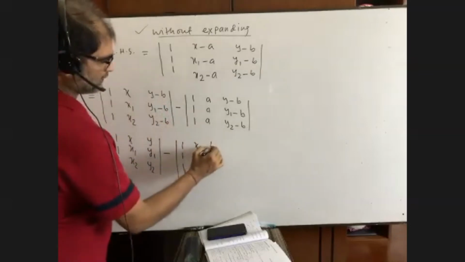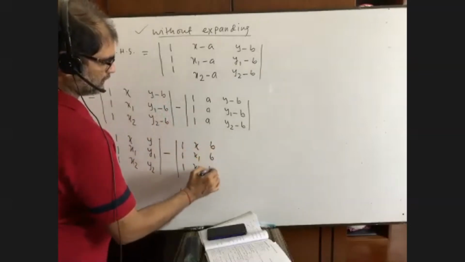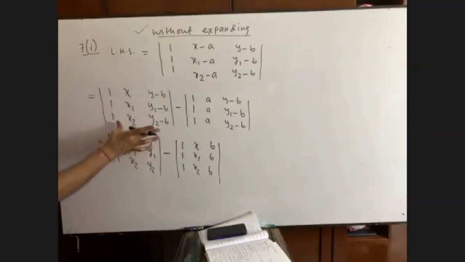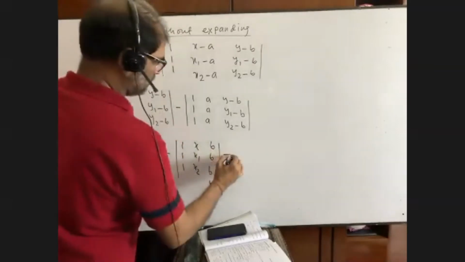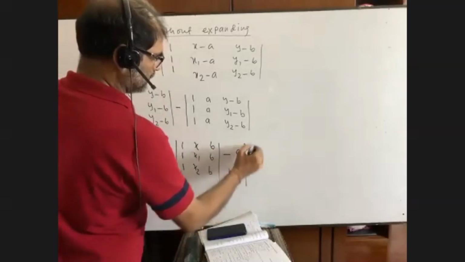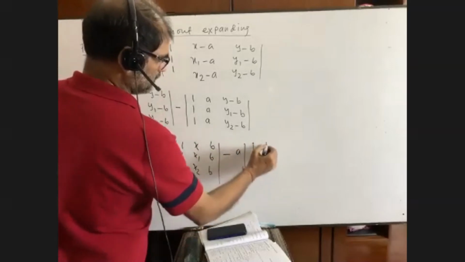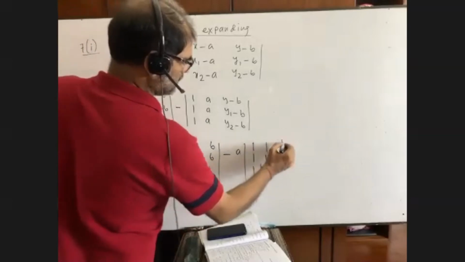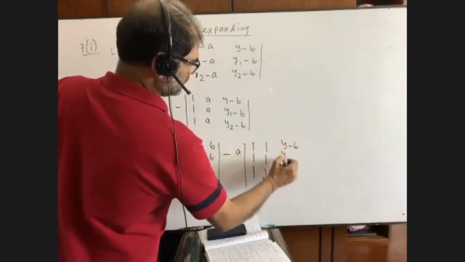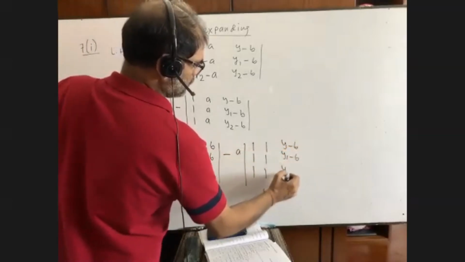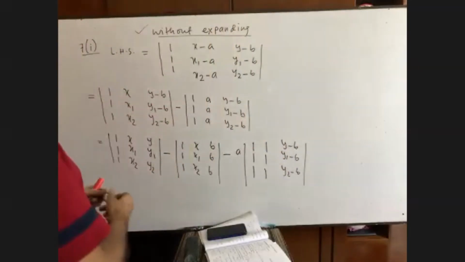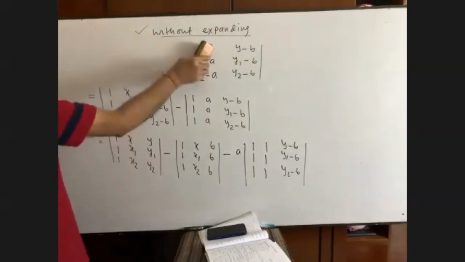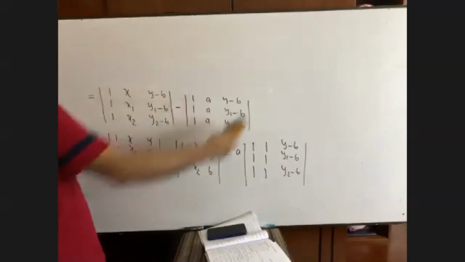I have already taken minus common. Actually, this part has been done here. Now this part, minus a can be taken common. 1, 1, 1, 1, 1, 1, y minus b, y1 minus b, y2 minus b. Talk to me.